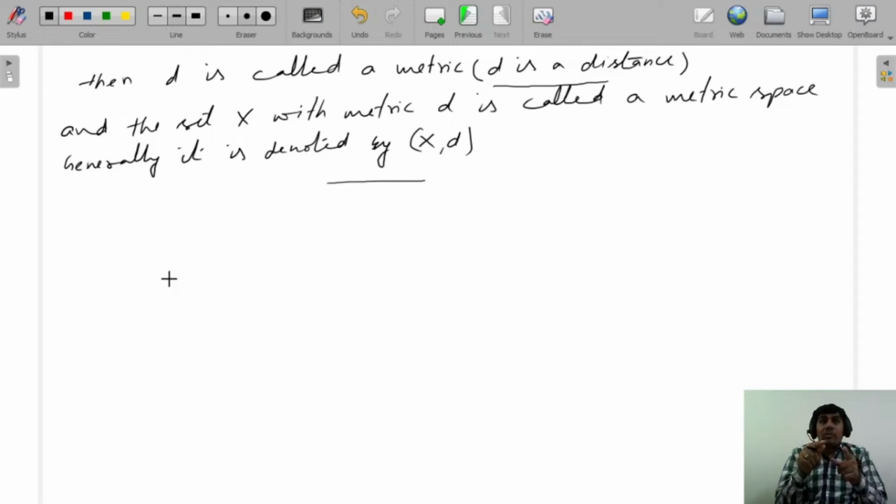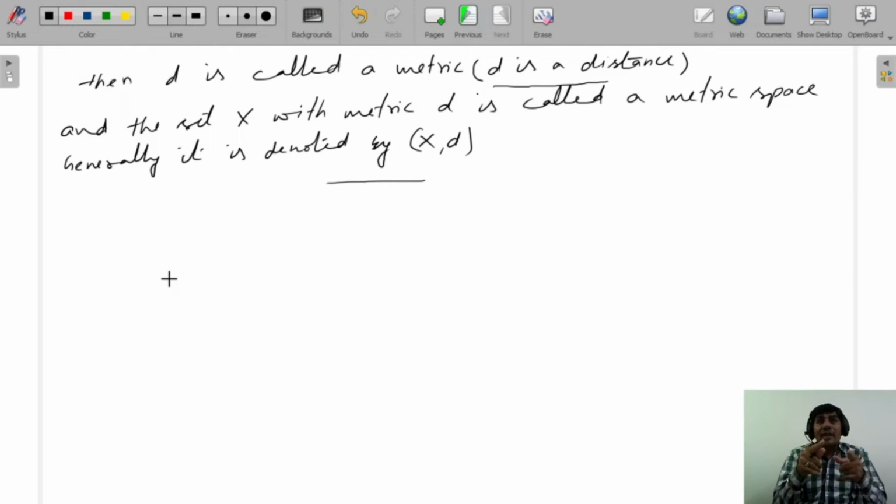Third property, symmetric property. For the symmetric property, we take a simple example. Suppose there are 2 points: one is the railway station and the other is the bus stop. First we find the distance from the railway station to the bus stop. Suppose the distance is 5 km.